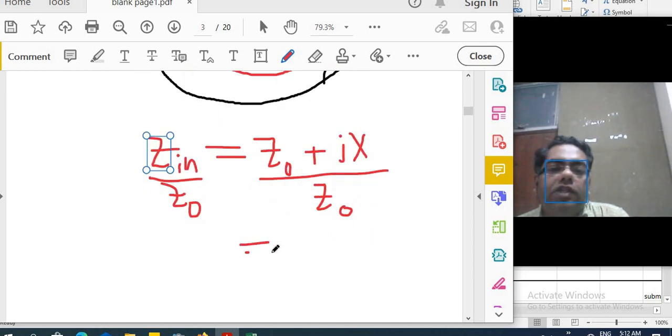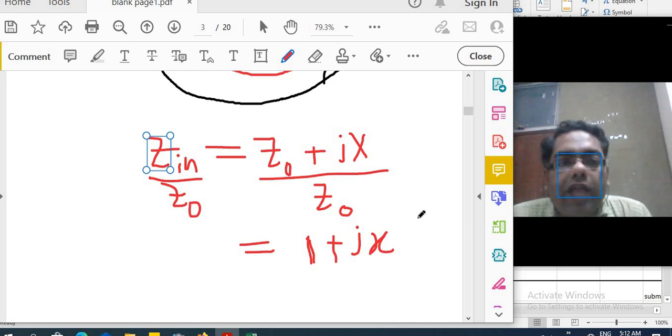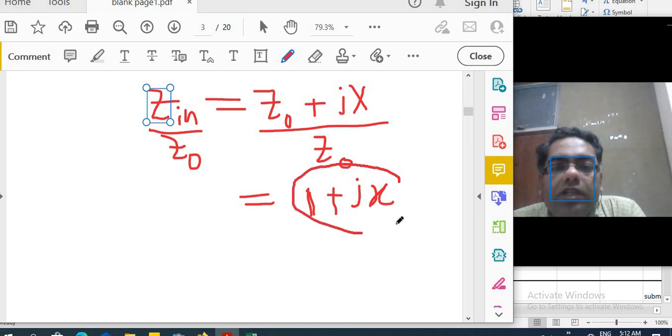So it is actually 1 plus j small x. We have to travel clockwise to that distance where we encounter this impedance.